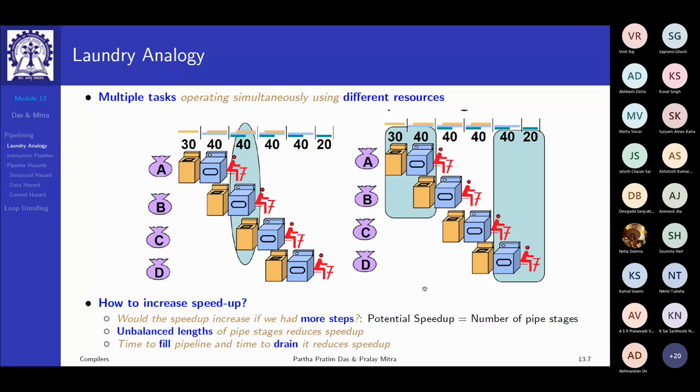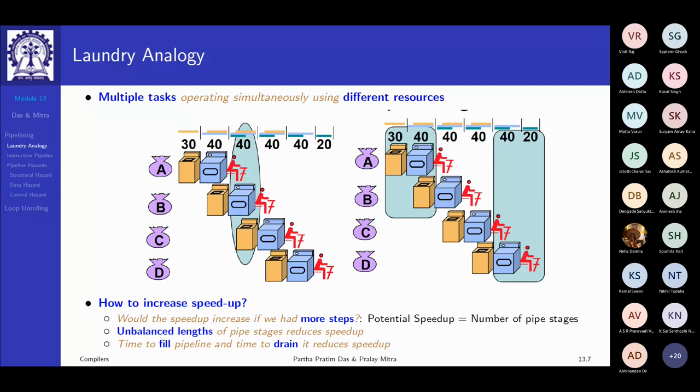So as you can see, multiple tasks are operating simultaneously on different resources, as the diagram on the left shows. And how can we increase this speed up? There could be several ideas. One is it would speed up if we had more steps. Like in case of laundry, possibly we cannot divide it into further steps because it is decided by the specific machines and the specific tasks.